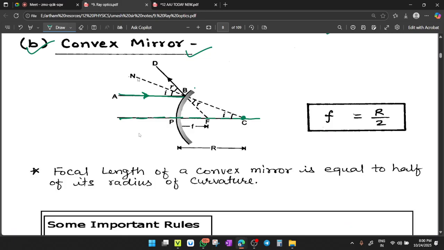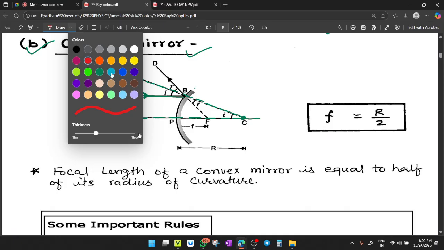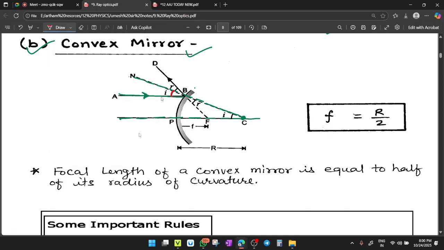The normal always passes through the center of curvature. Clear or not? Yes, this is the center of curvature. Now we have found the normal. Check the angle made by the incident ray with the normal. So here i is the angle. If i is the angle of incidence, in the same medium the reflected ray will be reflected making the same angle. Clear or not? So this is i, this equals r.